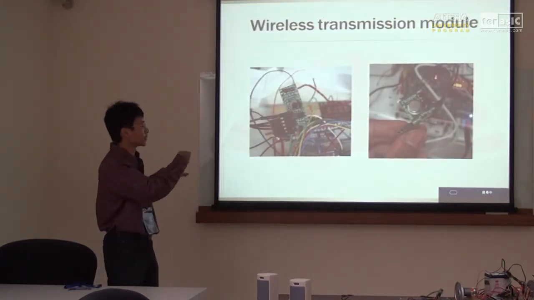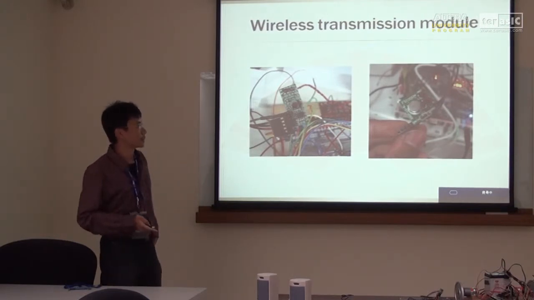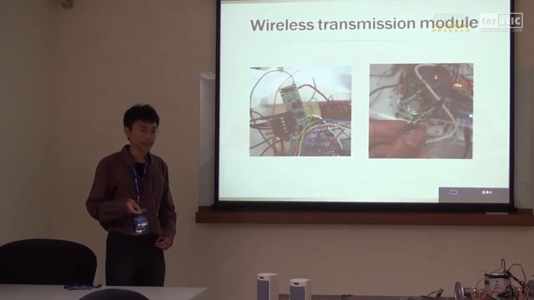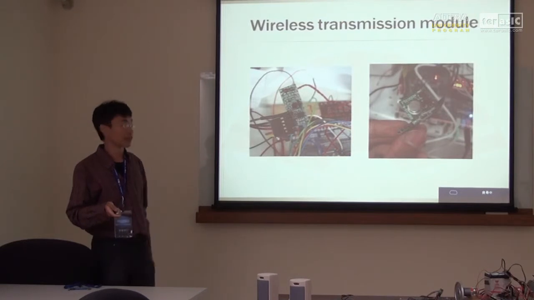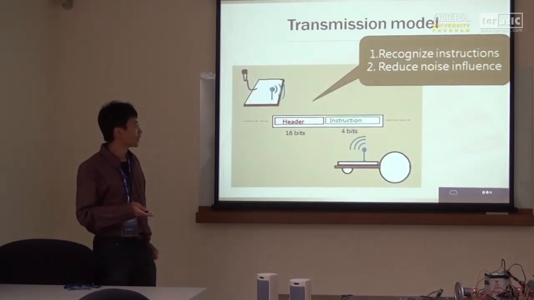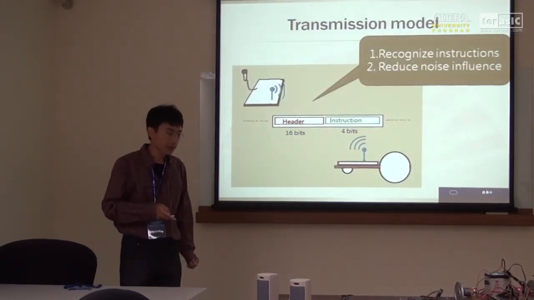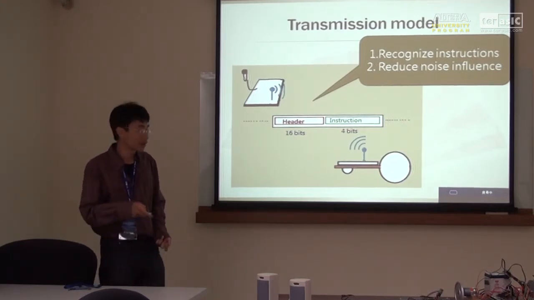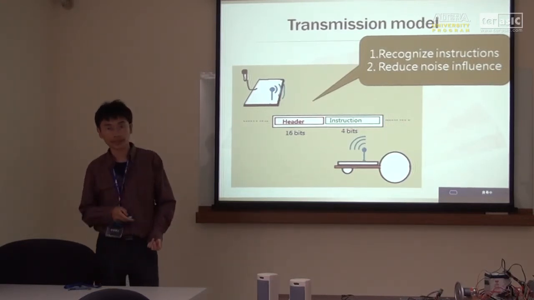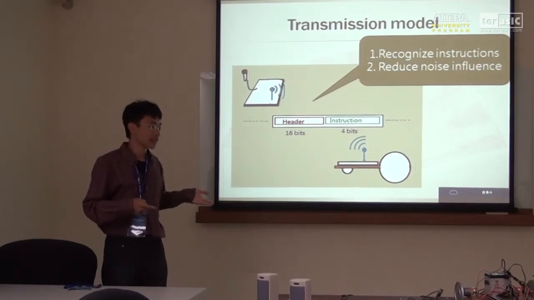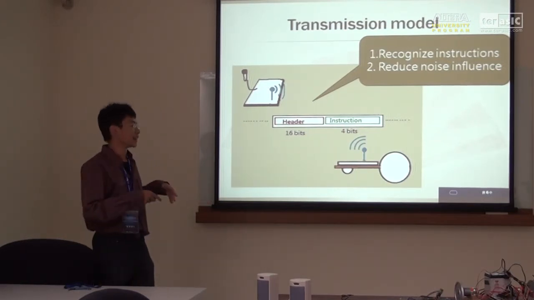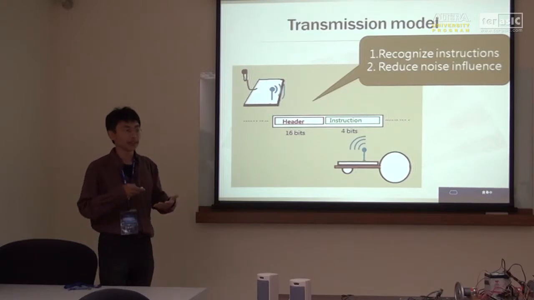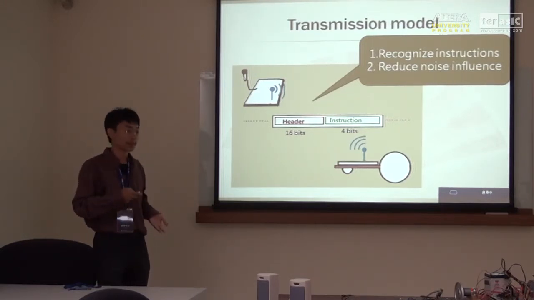This is a closer picture of our wireless transmission module. So what does this module do? If we want to send an instruction to this wireless device, we have considered the probability that noise will occur.